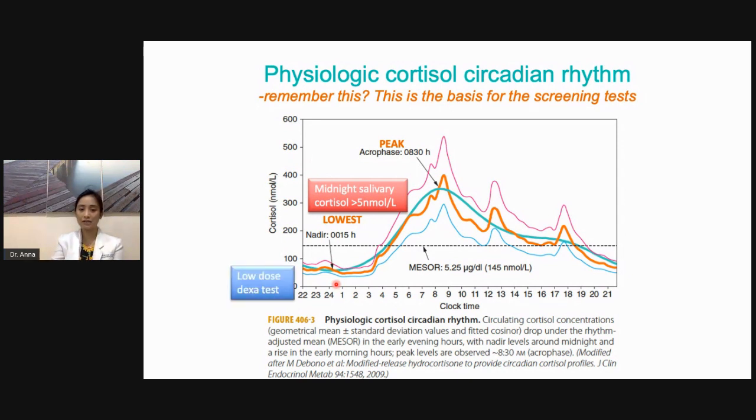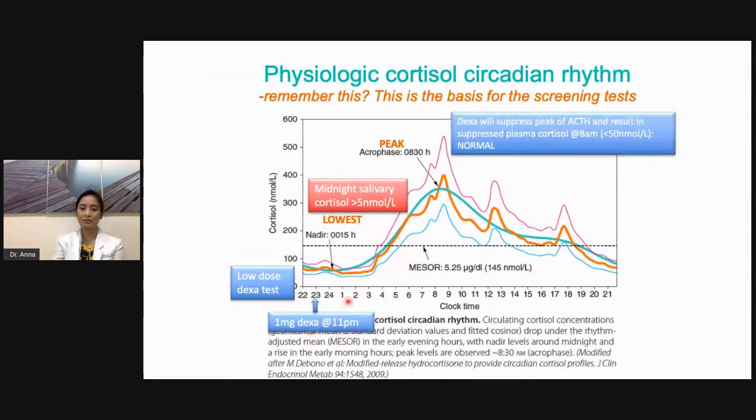The low dose dexamethasone test, no, we give 1 milligram dexamethasone at 11 p.m. So the dexamethasone will suppress the peak of ACTH. Remember, the peak of ACTH is at 6 a.m. And therefore, if you suppress your ACTH, it will also suppress the peak of your plasma cortisol.